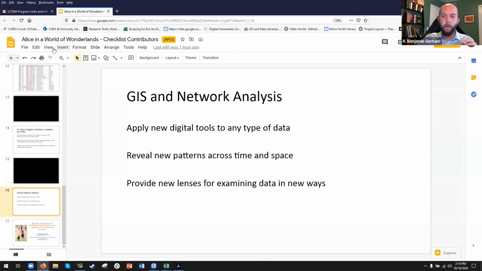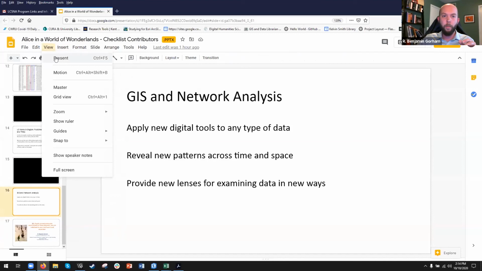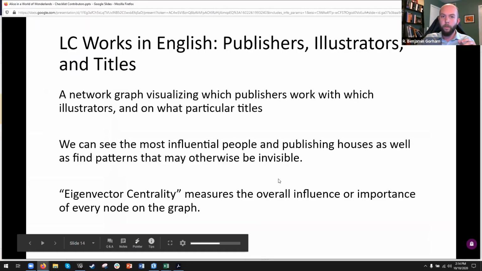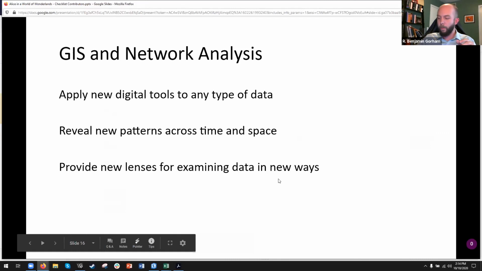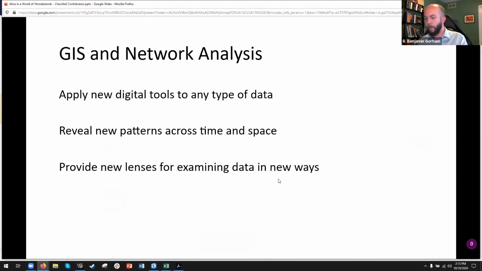All right, and then to sort of wrap up here shortly. So effectively, what this is trying to do is just demonstrate some quick examples of how these sorts of tools can visualize data that you're all familiar with in new and interesting ways, and facilitate exploring the Lewis Carroll corpus geographically, chronologically, and sometimes both at the same time, and then across its invisible networks of publishing, illustrating, and translating.